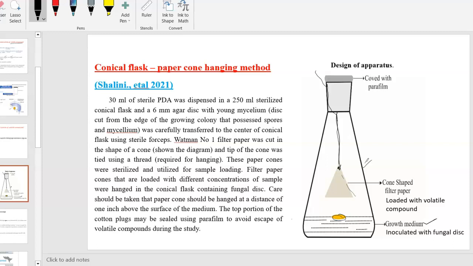So we are sure that even if you are impregnating a mixture of compounds, only the volatile component, that too in the volatile phase, is the one which is actually inhibiting the growth of the organism.